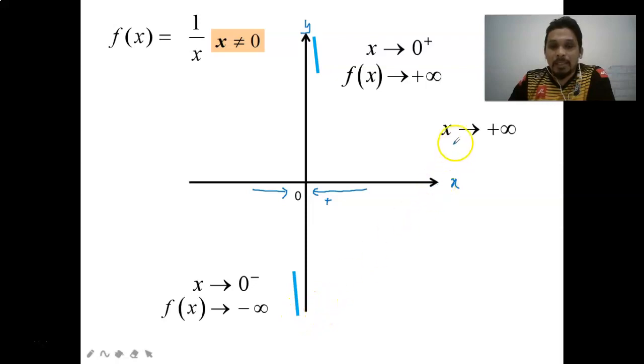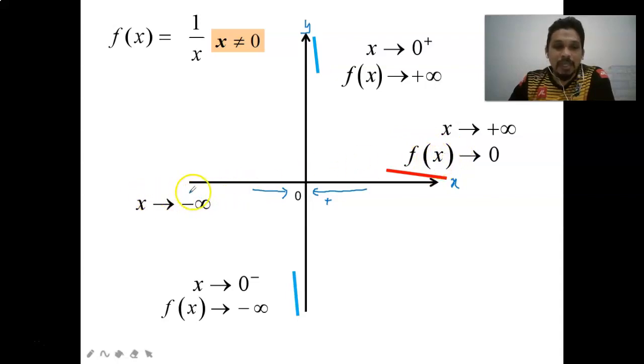Then x approaching positive infinity means that x is getting bigger and bigger, so f(x) approaching 0. Then x approaching negative infinity, x is getting smaller with a negative value to the left side, then f(x) approaching 0.